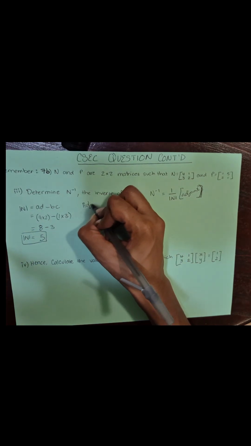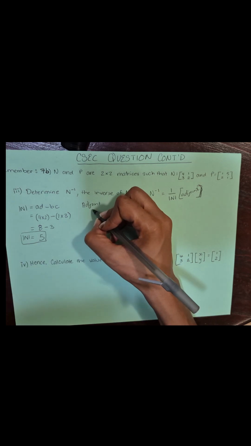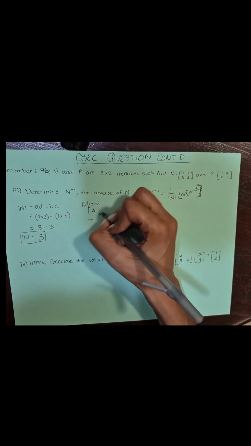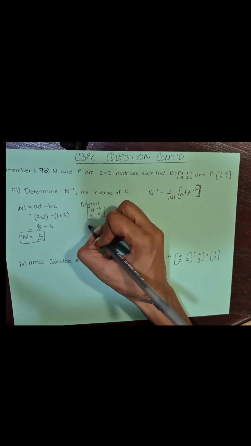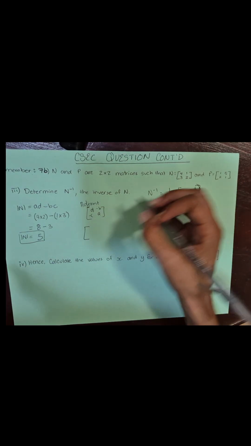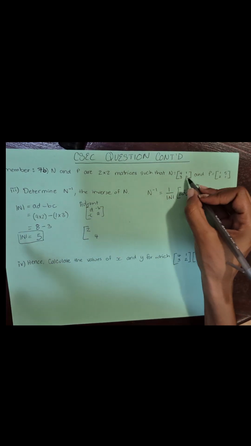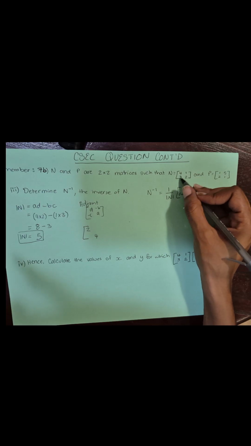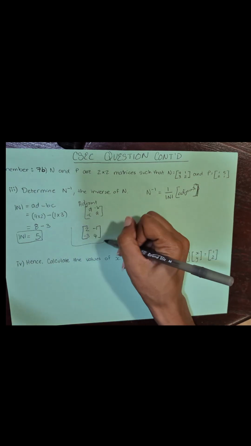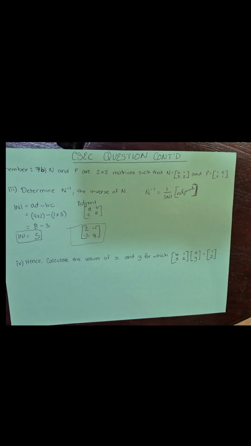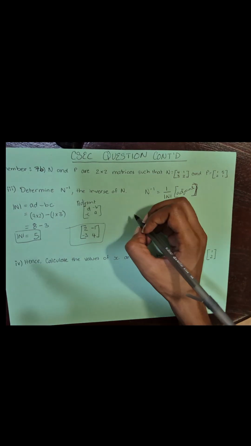We found ingredient number 1. Now we need to find the adjoint, which is to swap A and D, change the signs of B and C. So our adjoint is going to be swap the 4 and the 2 and change these positives into negatives. That's our adjoint. We found ingredient number 2, so we can put them all together.